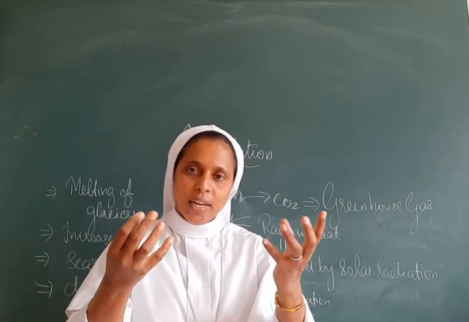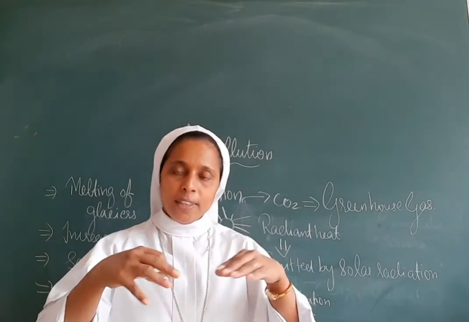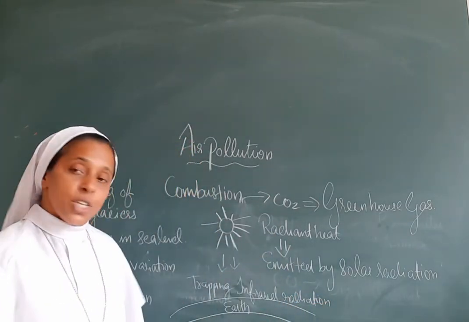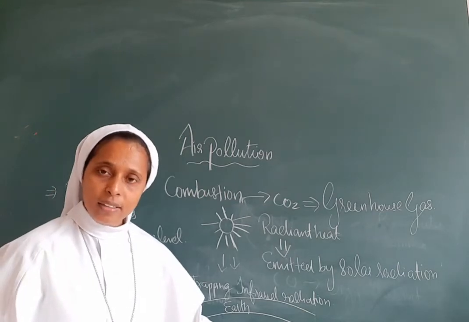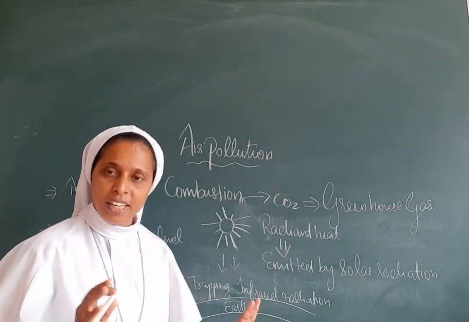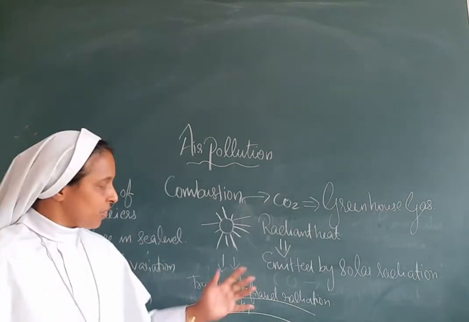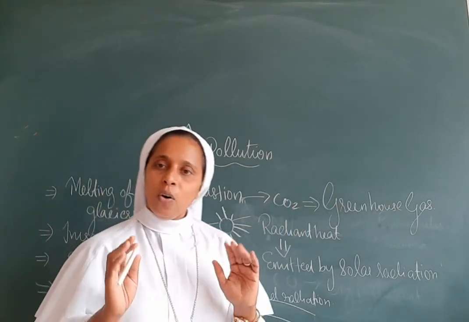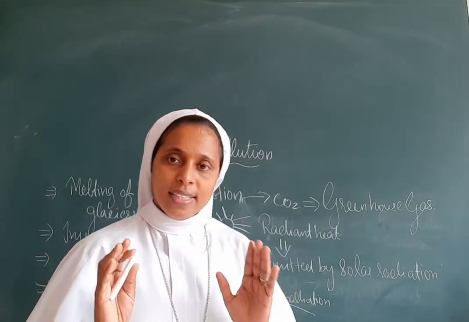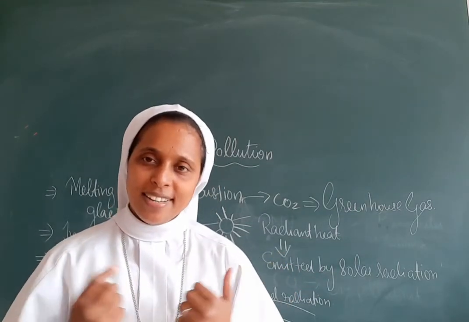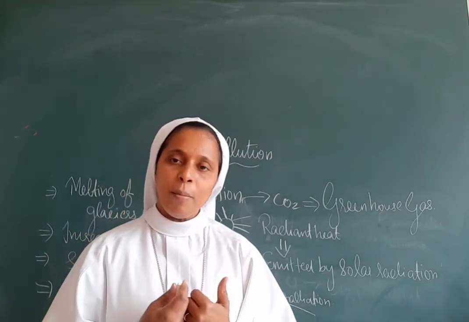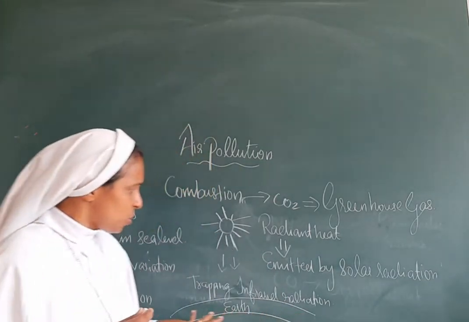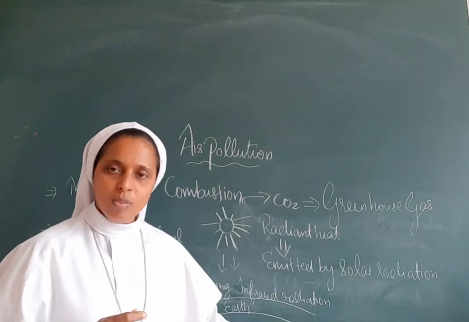So the temperature of the earth will increase. Naturally, when it is trapped and not allowed to go back, surely the temperature of the earth is going to increase. So global warming takes place. This is what is termed as the greenhouse effect.